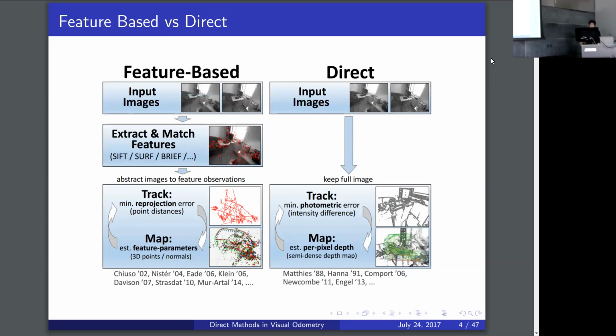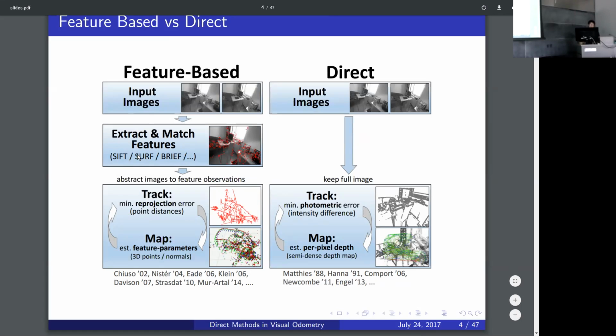Over the course, we've already covered some of the feature extraction methods, like SIFT, SURF, BRIEF, and FAST. So in a feature-based pipeline, you would have some input images and you would extract features based on the feature extractor you choose.